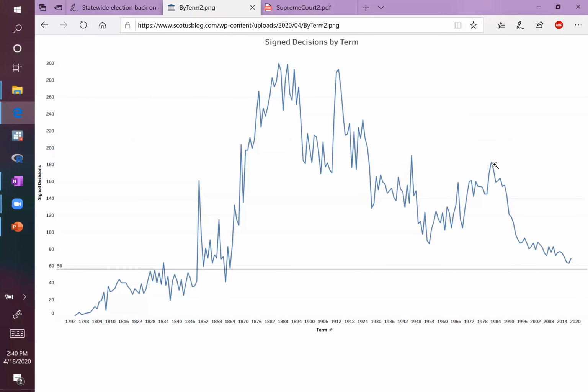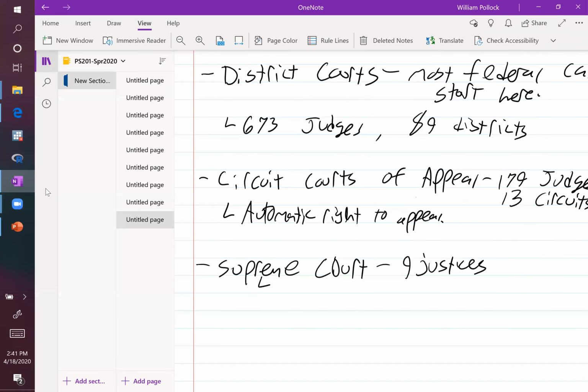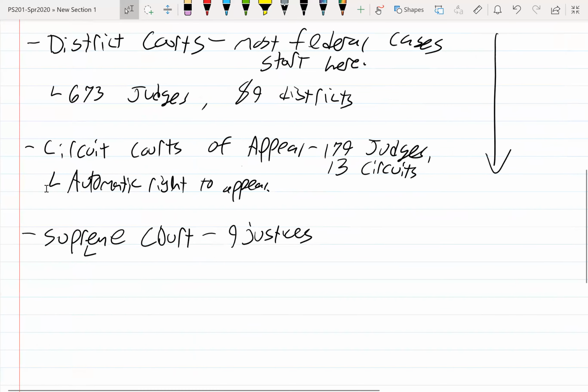So the number of cases that are successfully appealed to the Supreme Court and heard is going to be limited. If you are one of those select few cases where the 4 justices get together and decide they actually want to hear your case, and so it goes to the Supreme Court, you're issued what is known as a writ of certiorari.